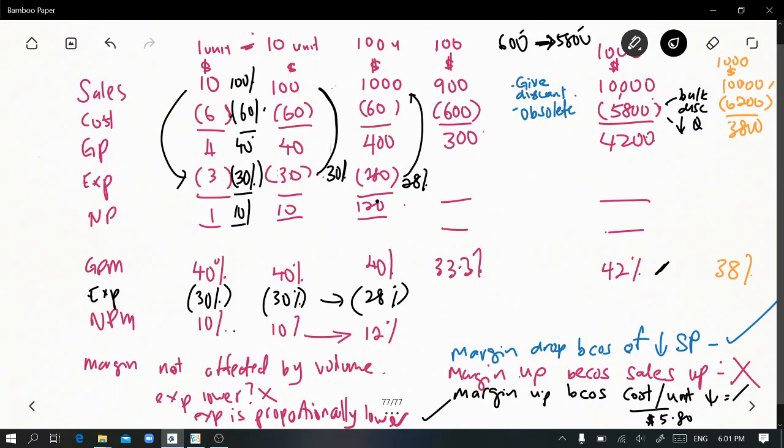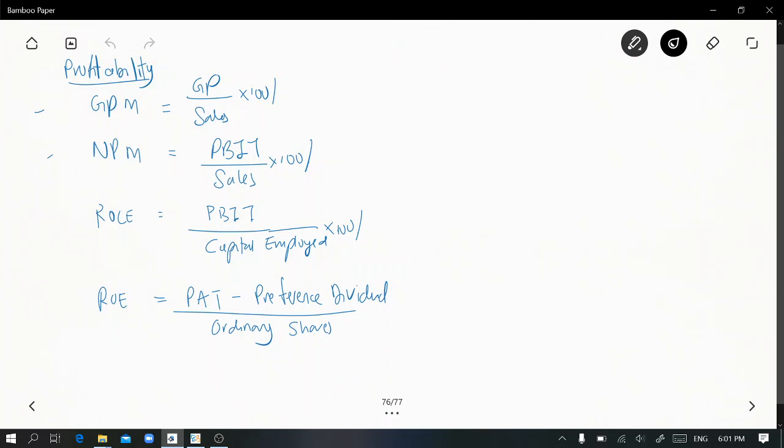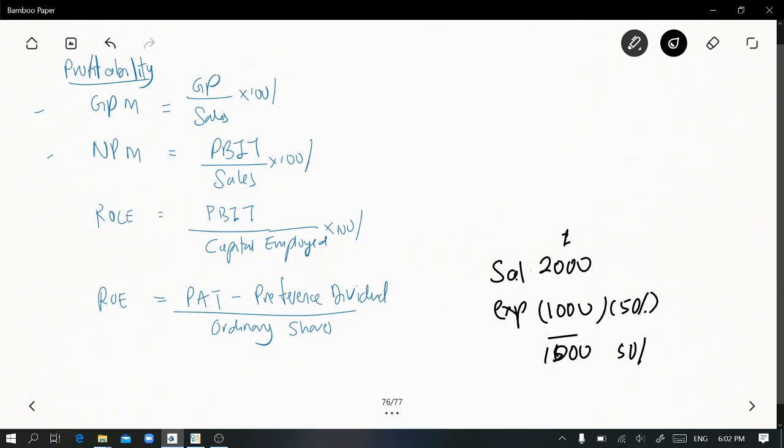Alright? So for example, salary is 2,000 and expenses are 1,000. So it's 50%. So salary is 2,000, and 50% of it goes to your expenses, meaning you are left with 1,000. You are left with 50%. Another person, salary is 10,000.